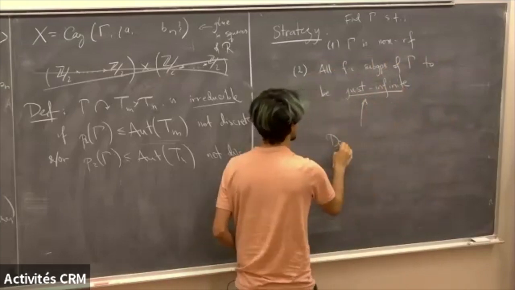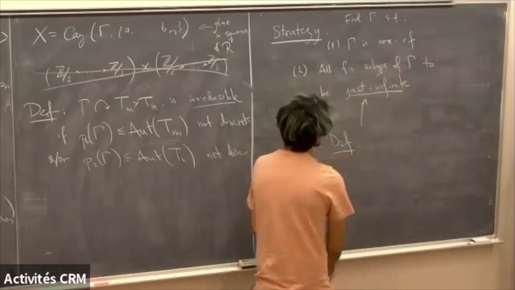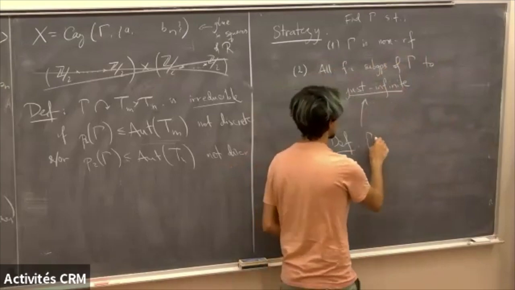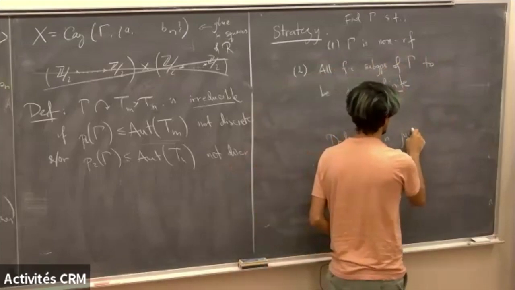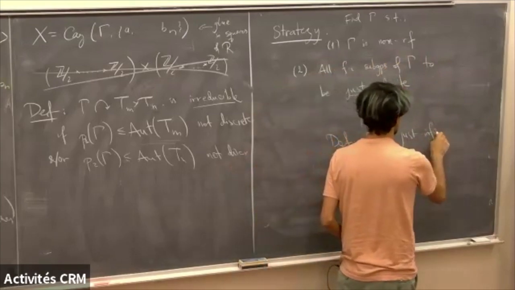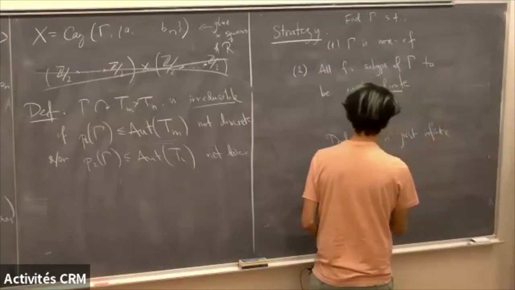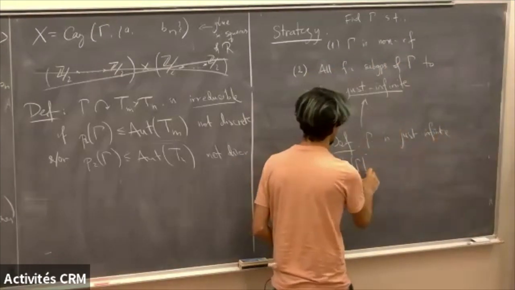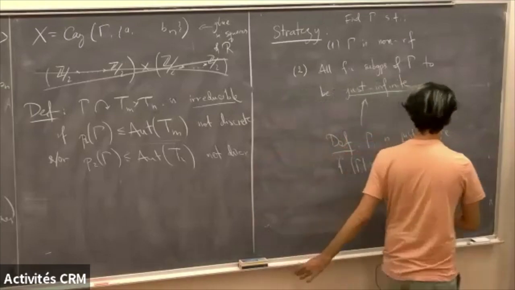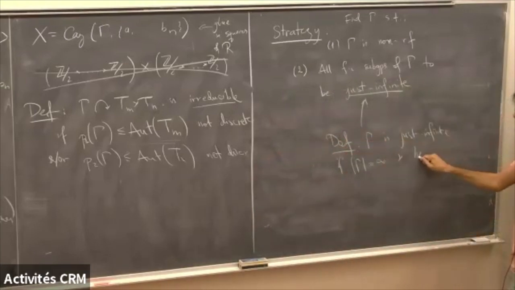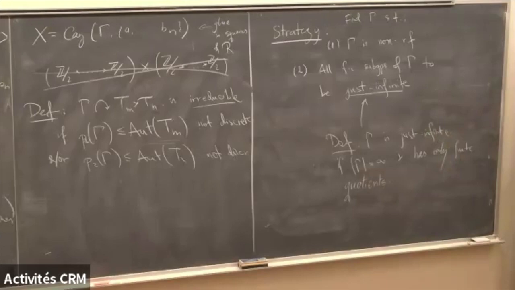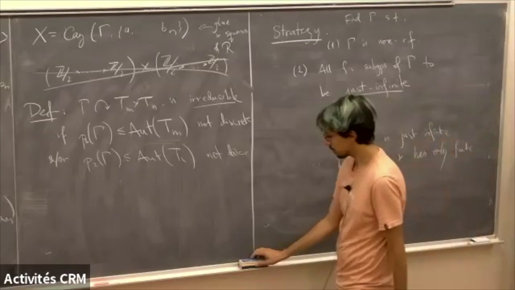What's just infinite? A group Gamma is just infinite if it is infinite and has only finite quotients, by quotients I mean non-trivial.